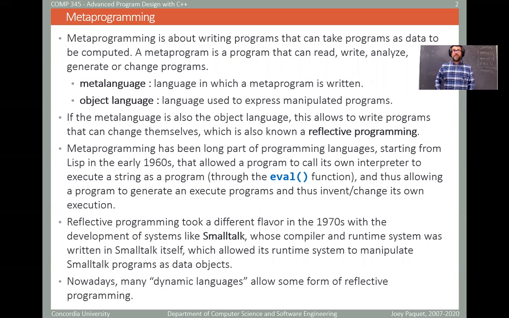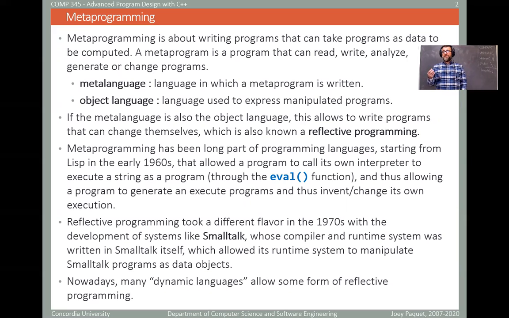Same thing for metaprogramming. In the language Lisp, which was one of the first languages invented in the 1960s, you had this notion of a function available to a program, which was the eval function.